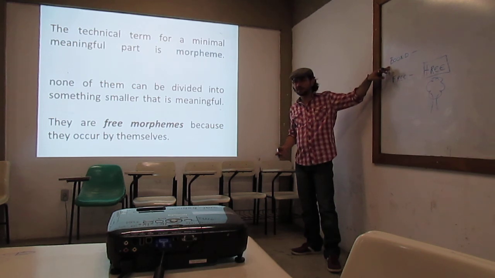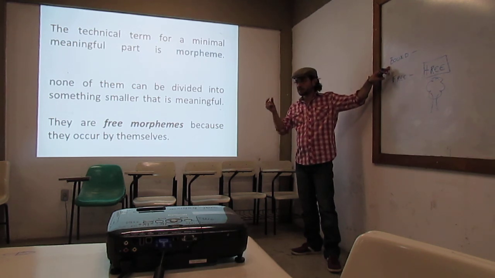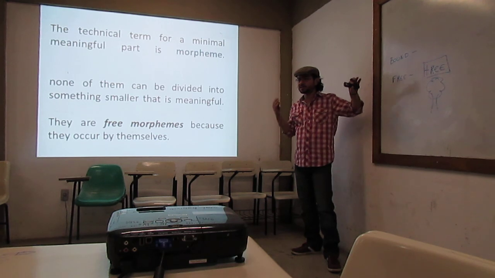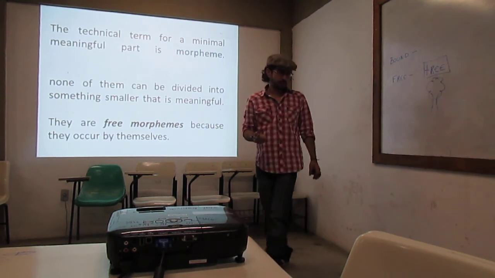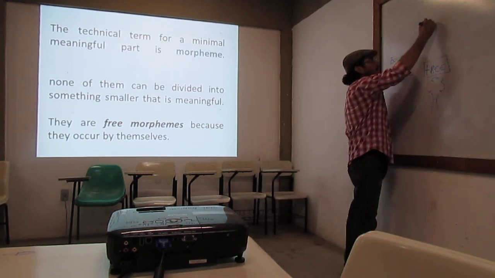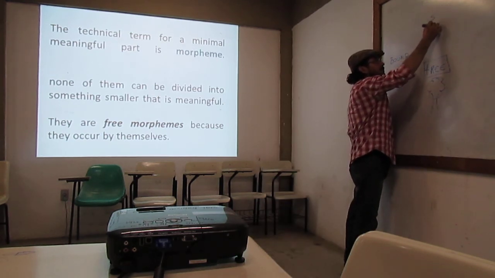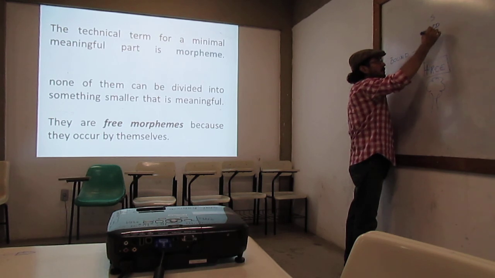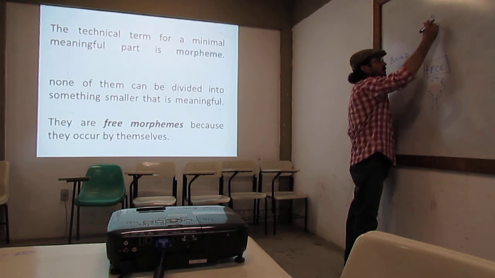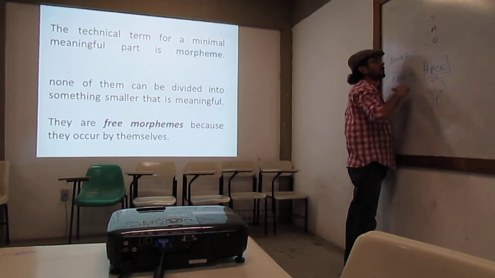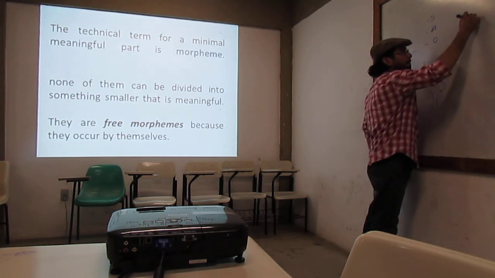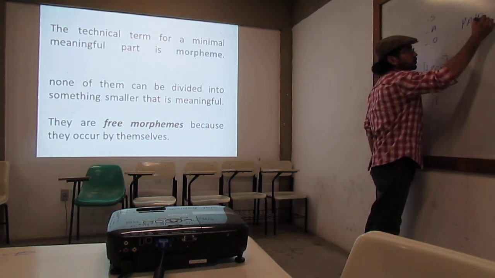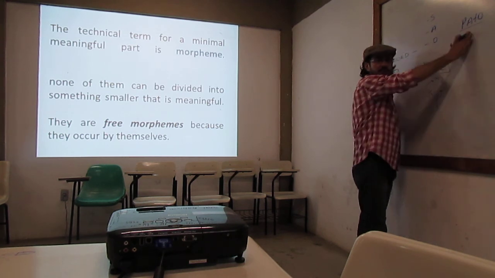But there are some morphemes, some particles that we only understand when we put them together with another word. For example, S, ED, in Portuguese. For example, if you say pat, we have a free morpheme.